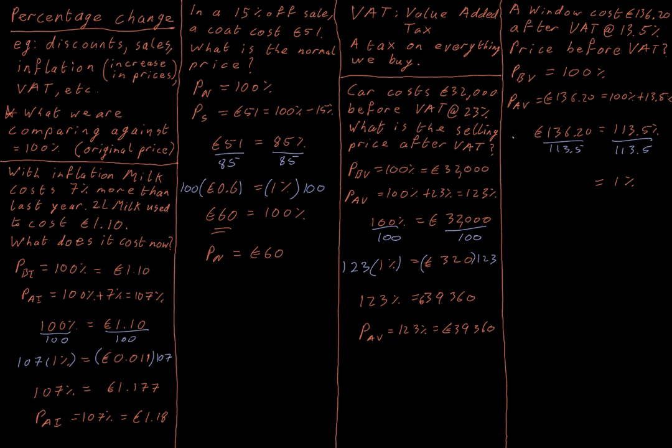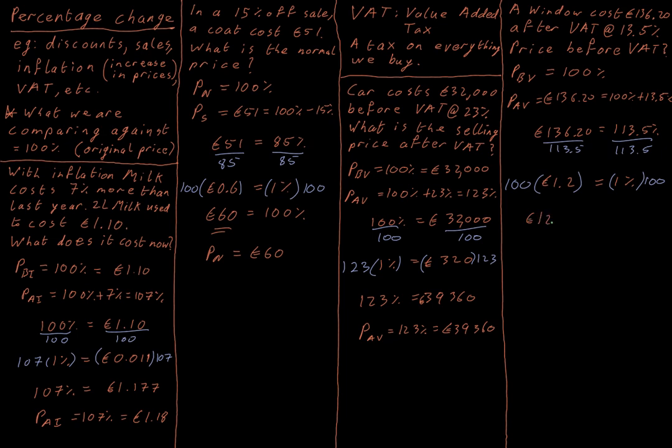When we divide that in, we get 1.2. So €1.20 is 1%. And then we want to go up to 100%. In this case, that's our goal. We want to know the price before VAT. So we have to multiply our 1% by 100, and then must do the same thing to the other side to keep the proportion the same.